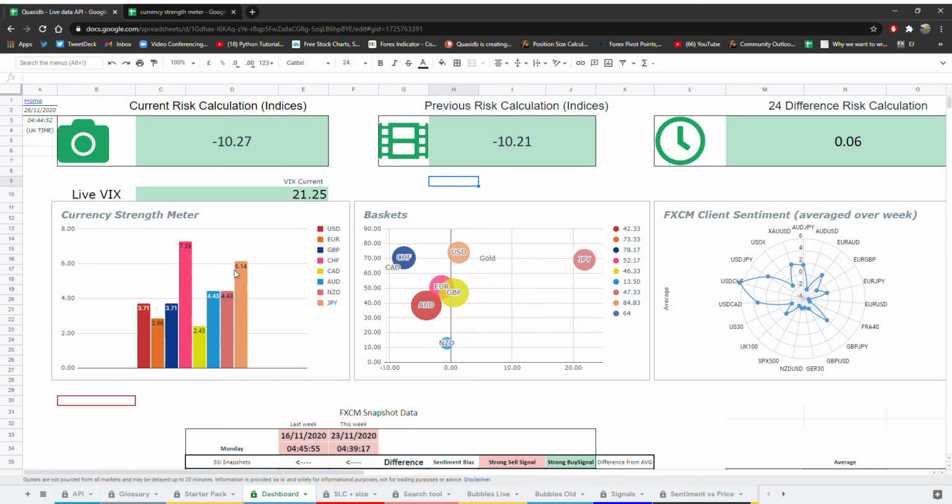So it's a very good example of the sentiment and technical agreeing. If you were long any yen pairs, this would be a nice confluence to add to your bias. So have the sentiment and technical agree, and then you'll be in a good place. It's a good example, and hopefully it helps.